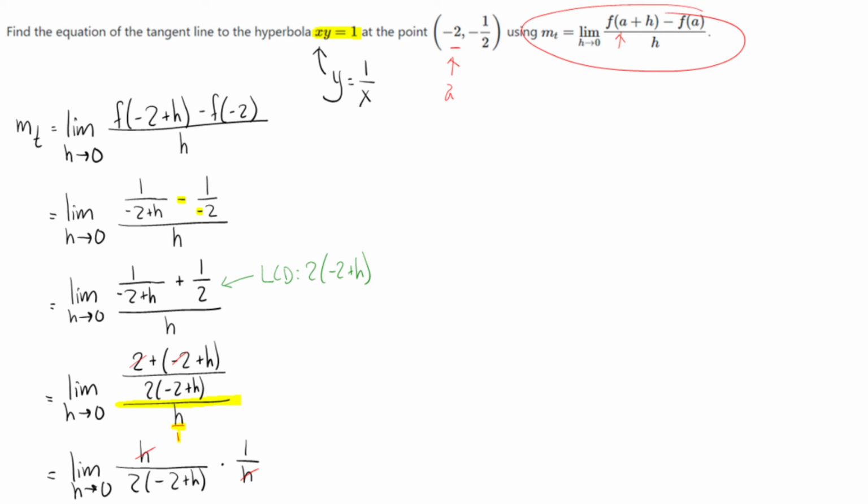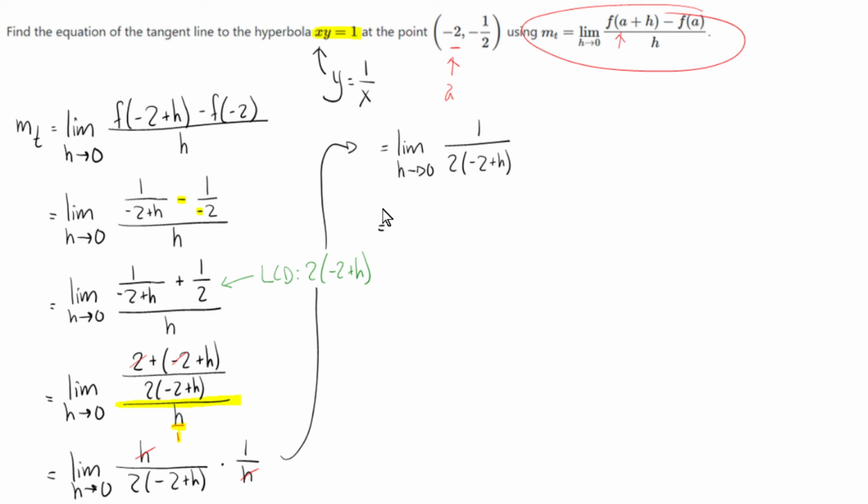So what we have left now is the limit as h goes to 0. In the numerator we just have a 1. In the denominator we have 2 times -2 plus h. At this point we can substitute in 0 for the h.